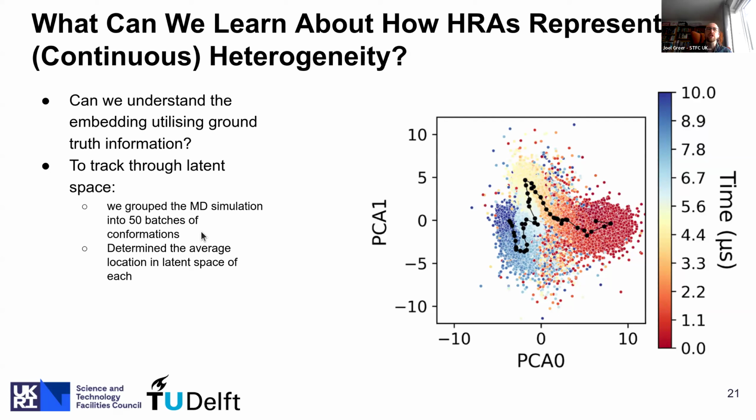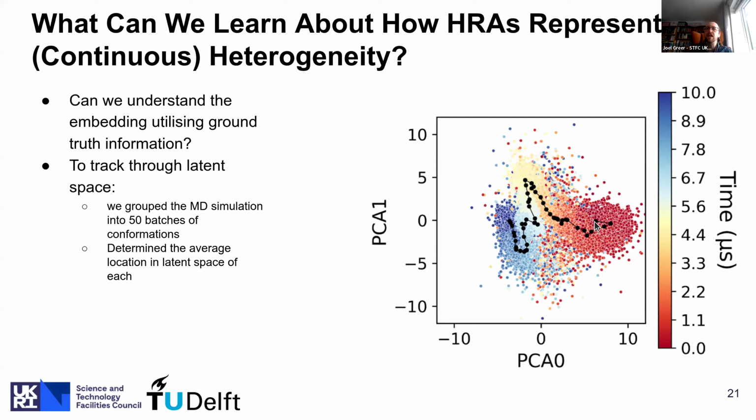Now, in order to actually do that, we grouped the MD simulation into 50 batches of conformations, i.e. the first 2% of the frames of the MD simulation, and then the next 2%. And then for each of these batches of conformations, we computed the average position in the latent space embedding of the particles which were present in that batch.